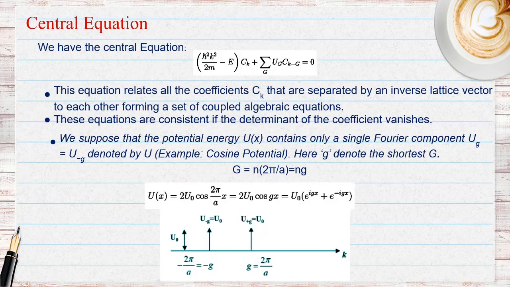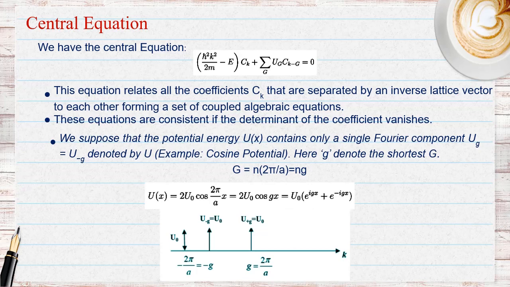Now let us consider the simplest periodic potential, a cosine potential represented by U(x) equal to 2U0 cos(2πx/a). Consider only the nearest neighbor interactions in U(x), so that capital G is equal to small g or minus g on either side of k, where small g denotes the primitive inverse lattice vector, and capital G is equal to n times small g.